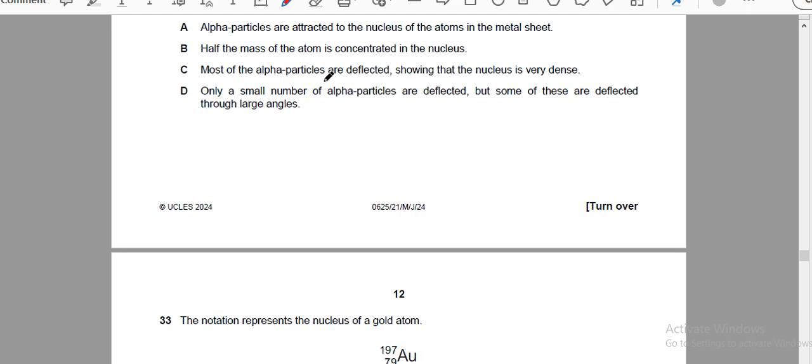Most of alpha are detected and deflected. No, most are passing in straight line and only very small percent is deflected or largely deflected. So it is D.